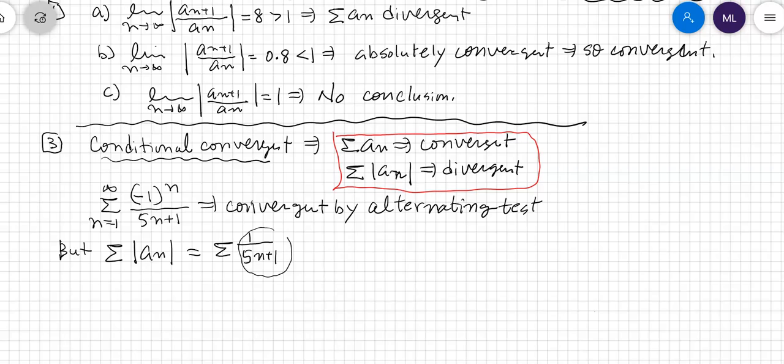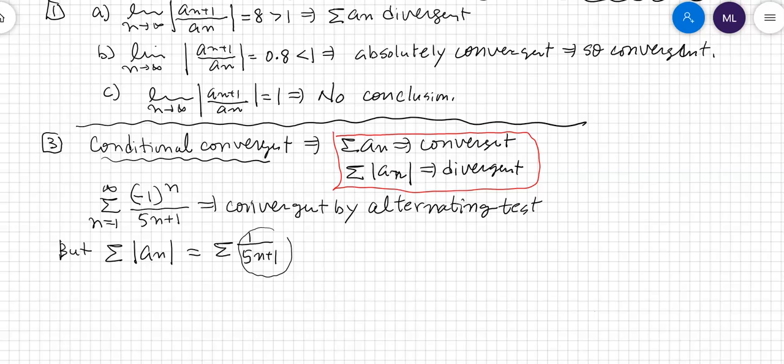Okay, now this is what you're going to do. How are we going to do this one? Is it convergent or divergent?